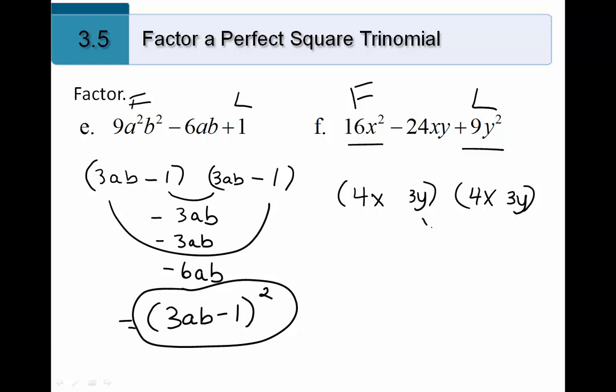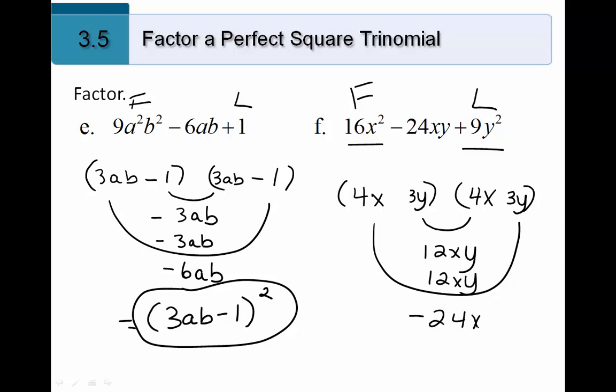If I check my inner, 3y times 4x is 12xy. 4x times 3y is another 12xy. I'm looking for it to add up to negative 24xy. And as long as these are negative, I'm good. So I will write my answer as 4x minus 3y raised to the second.